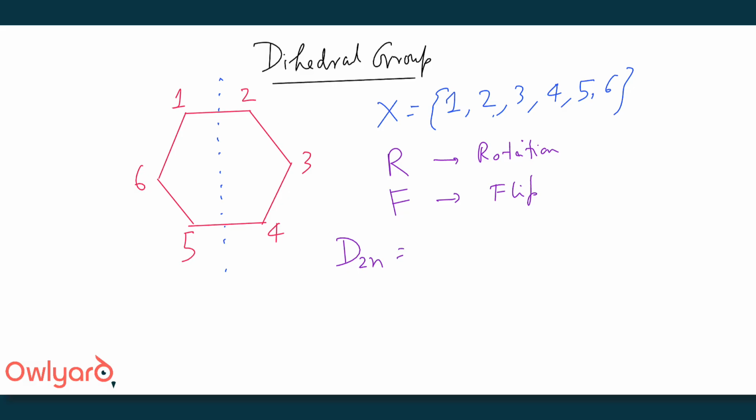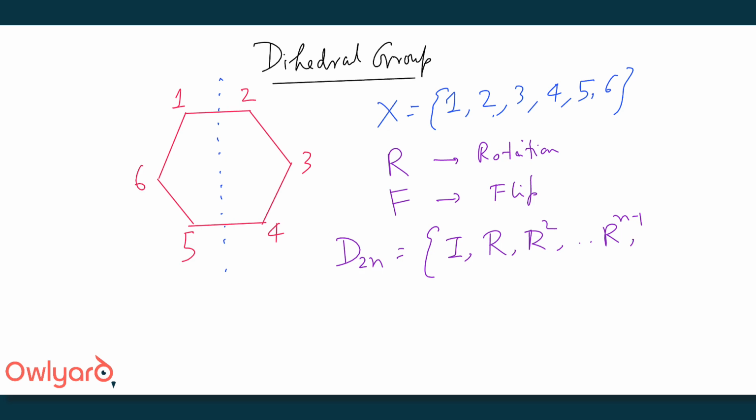The members of this group can be written as, of course, the identity, which means I am neither rotating nor flipping. Then R, rotating with the smallest angle that preserves the symmetry, which is 360 degrees divided by n, then R squared, and all the way to R to the n minus 1. And R to the n is the same as identity, because that means you rotate all the way to 360 degrees.